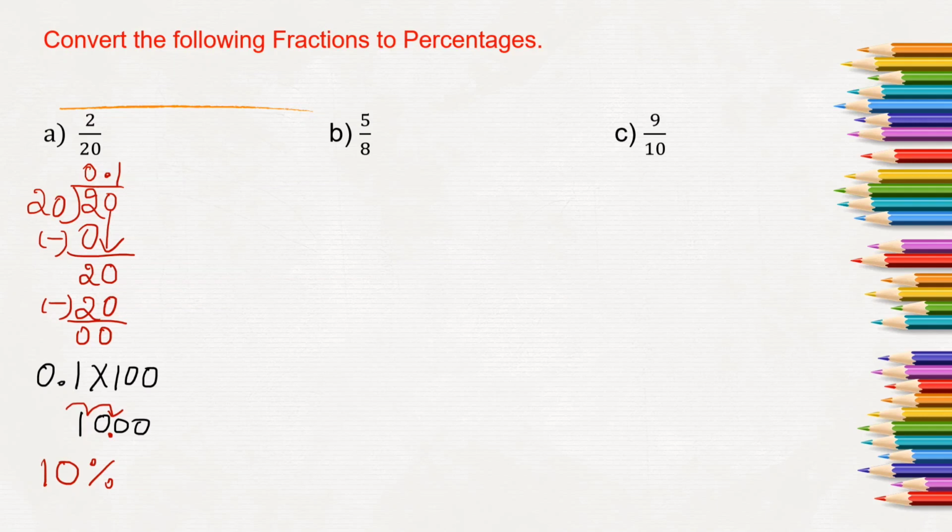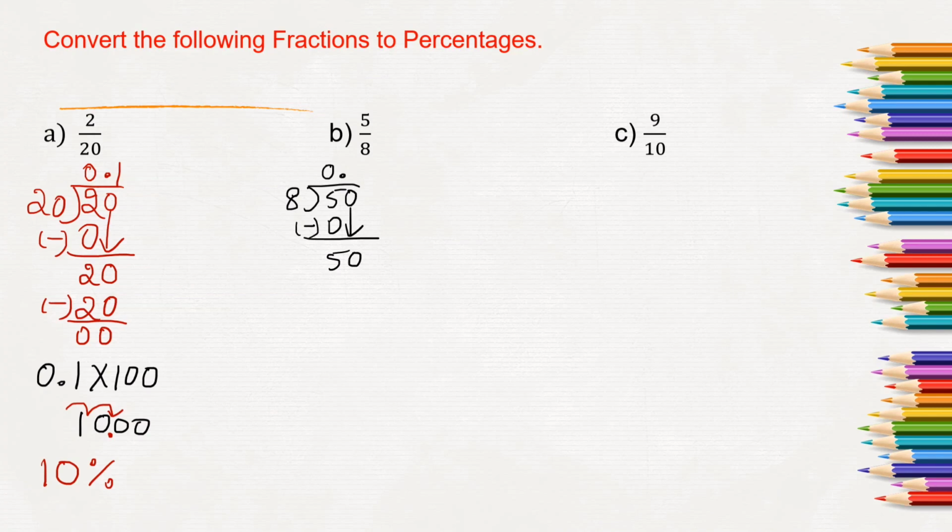Look at the next question. 5 by 8. Here 5 needs to be divided by 8. 8 one time, if we write also, it will not be possible. So write 0 and then 5 minus 0 will be 5 itself. Place the decimal point and then write 0 next to 5. Bring down the 0.